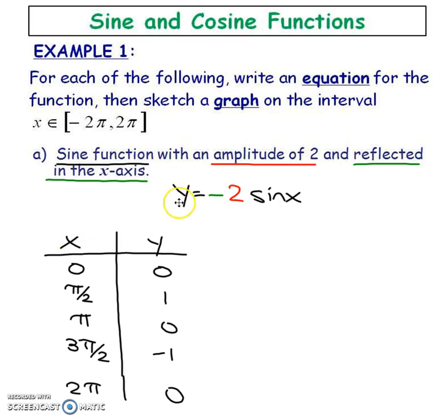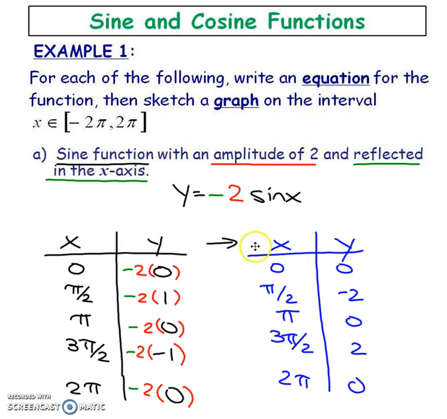Now when you take your vertical transformations and apply them to your y values, nothing changes. So the negative 2 will be seen as exactly the same as it was before. You're going to take negative 2 and multiply all of your y values, giving you brand new y values. Notice that the x values have not changed. Then you're just going to graph.